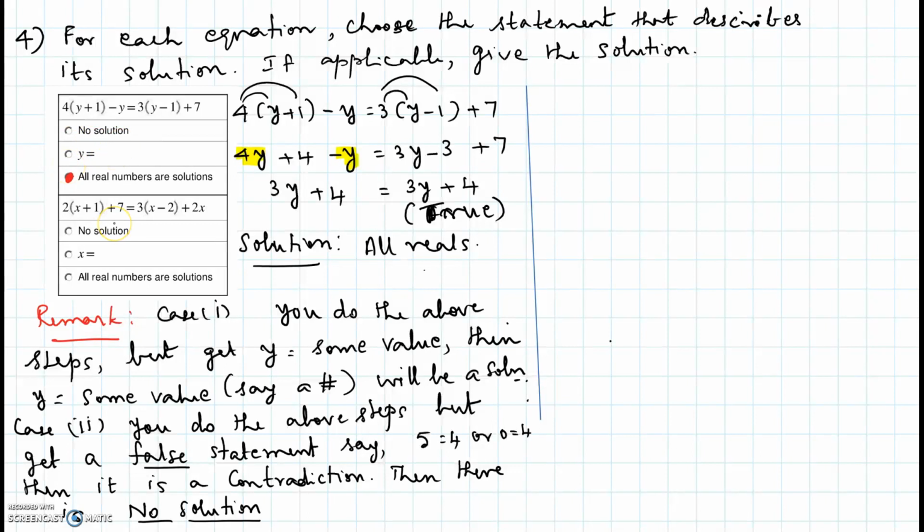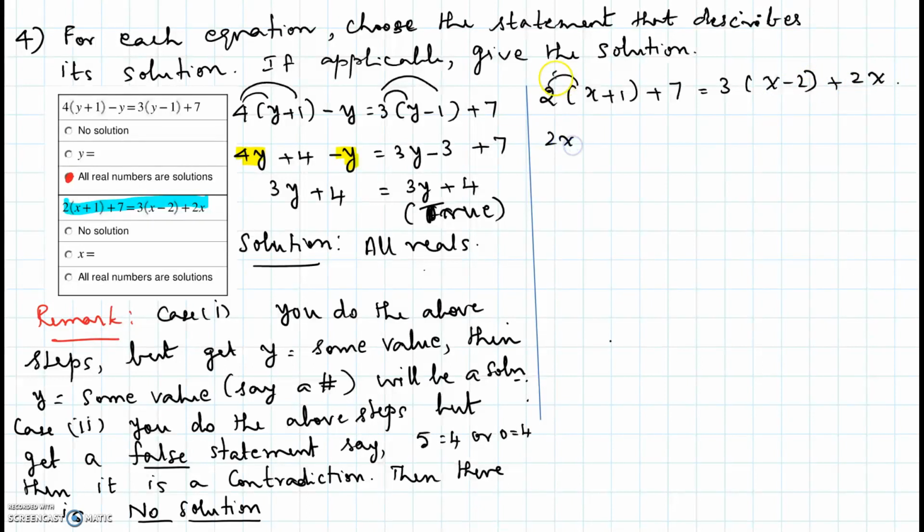So let's try the next one given here, which is 2 times (x plus 1) plus 7 equal to 3 times (x minus 2) plus 2x. Let's distribute.